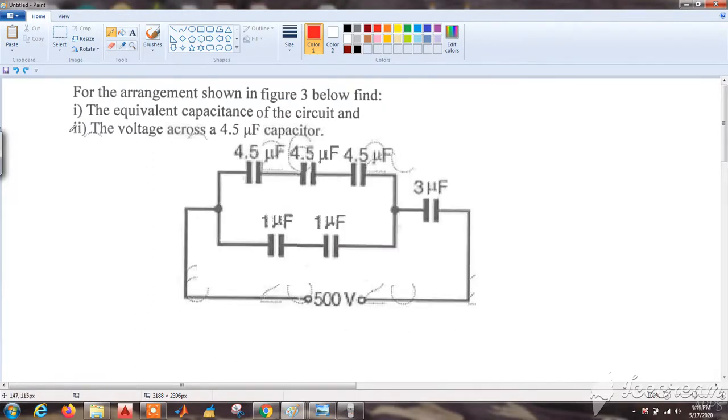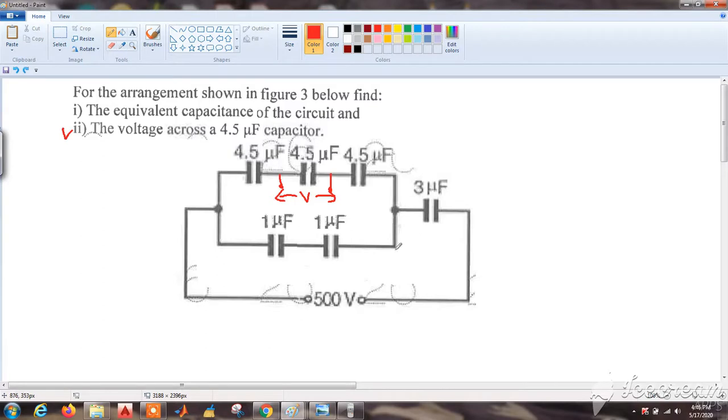Now coming to our second part, he's asking to find the voltage across the 4.5 microfarad capacitor. So we have to find the value of this voltage, I mean if you measure from here to here, what is the voltage across the 4.5 microfarad capacitor.